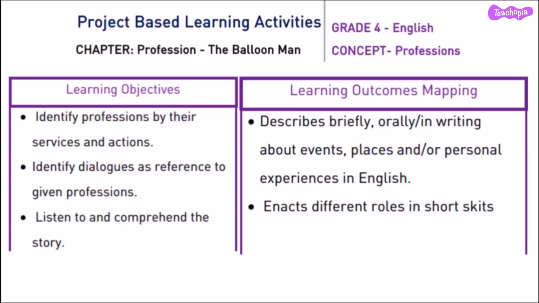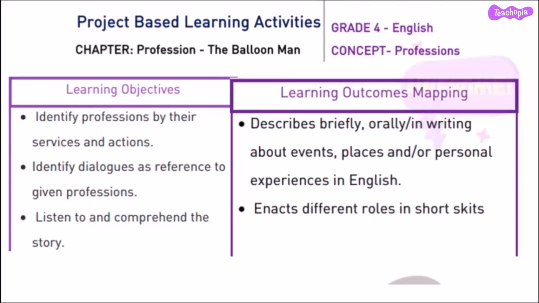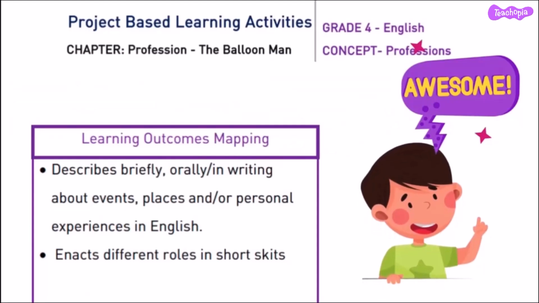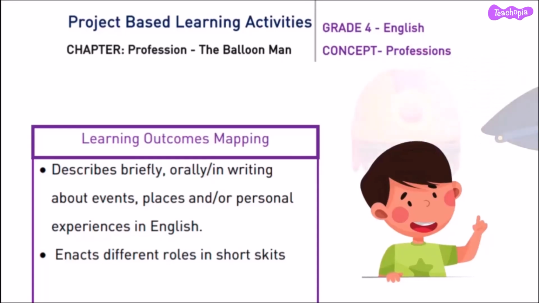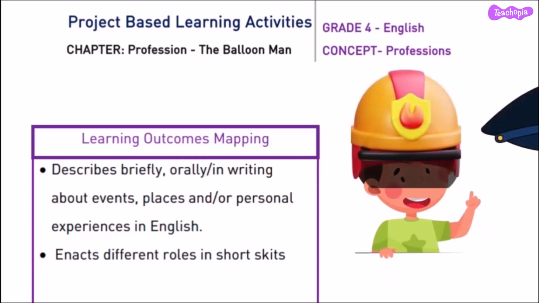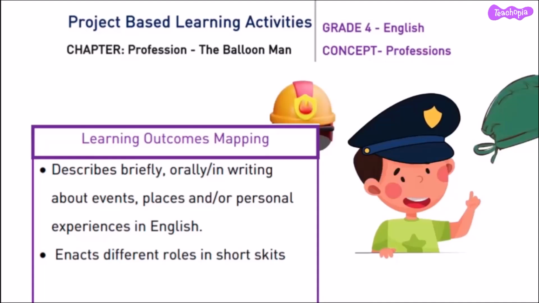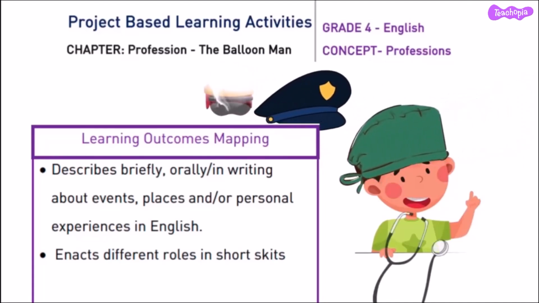The objectives tell us what each activity is addressing, and then we have the learning outcomes, which tells us that the learners will be able to describe in English an event or a personal experience. The second learning outcome is that the learners will be able to enact and understand different roles based on different professions. Let us dive into the PBL itself.